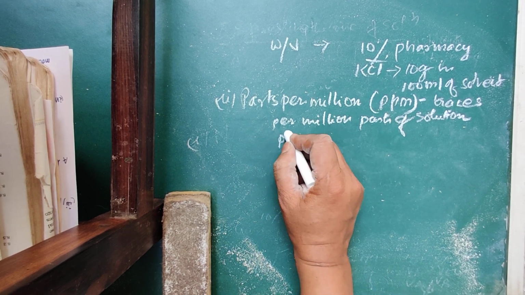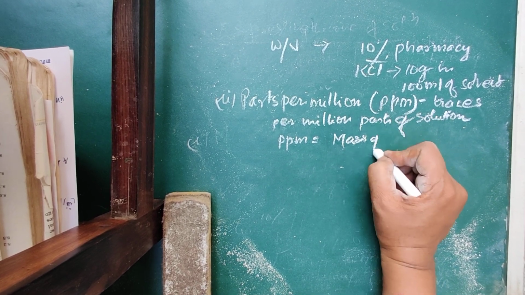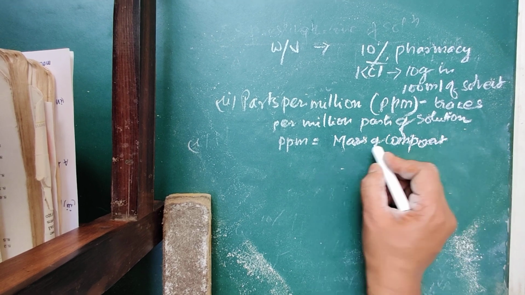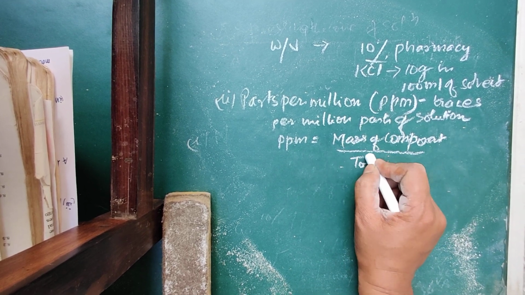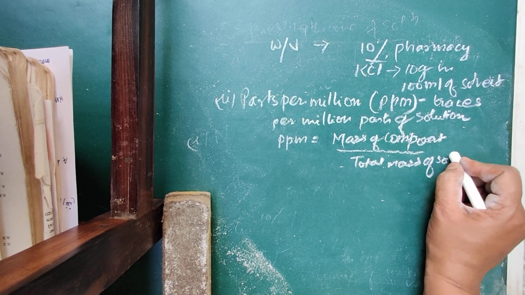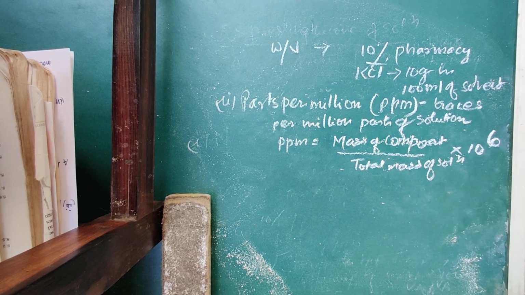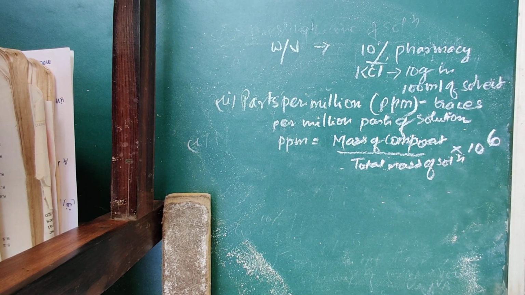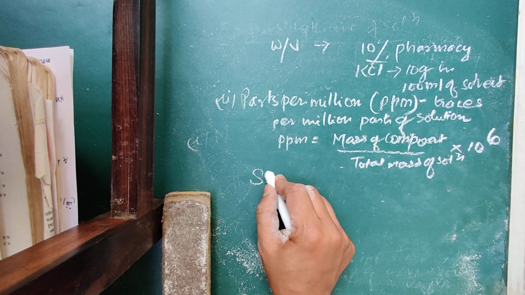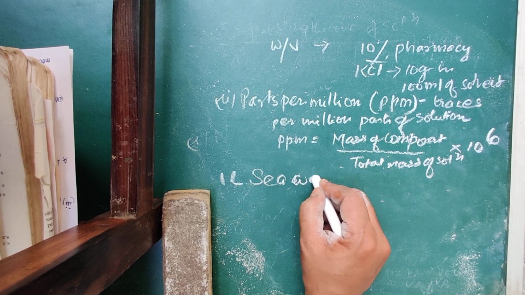ppm is equal to mass of component upon total mass of solution into 10 to the power 6, million, that's why 10 to the power 6. So suppose we have 1 liter of seawater.